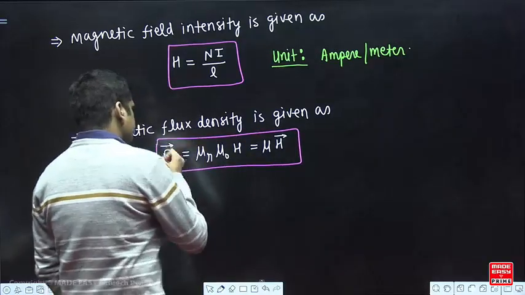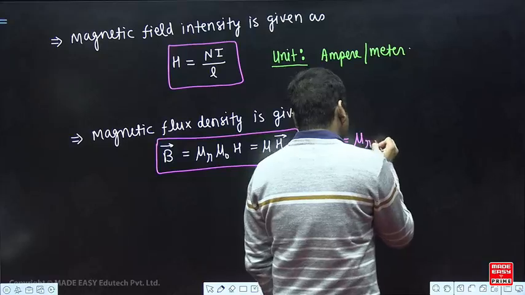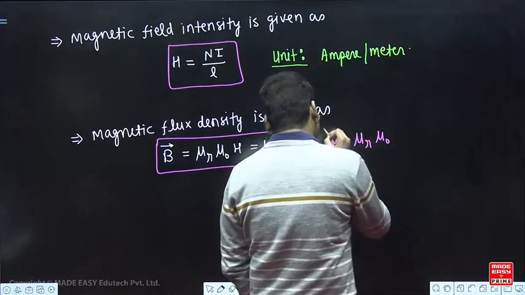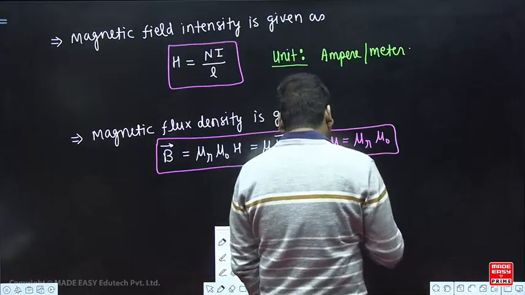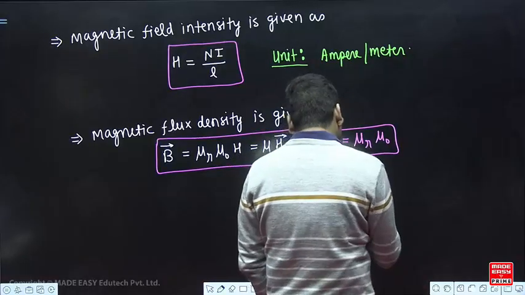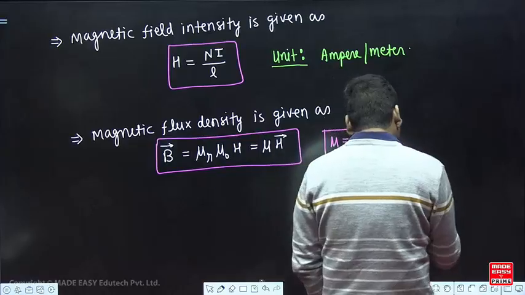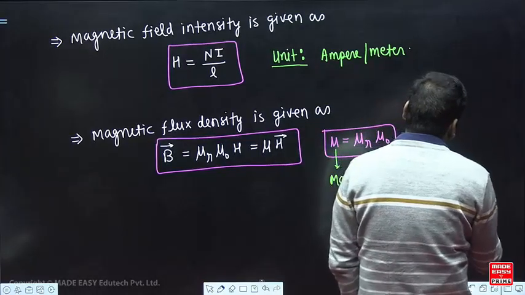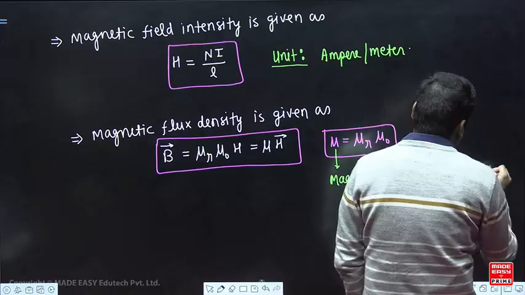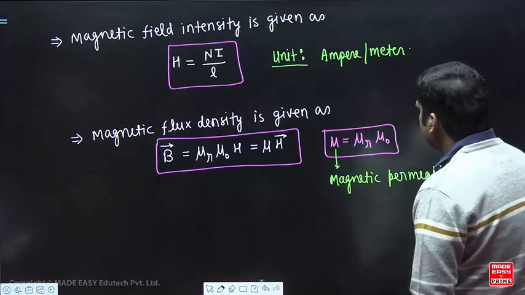Here mu is equal to mu r into mu naught. This mu is known as magnetic permeability of material, right?